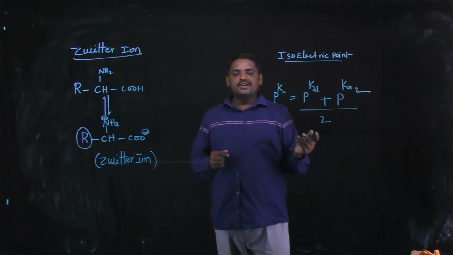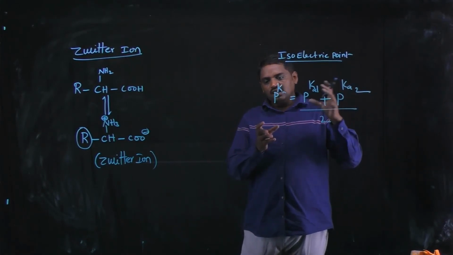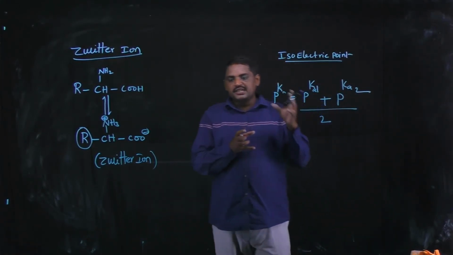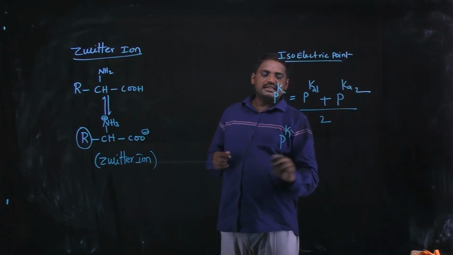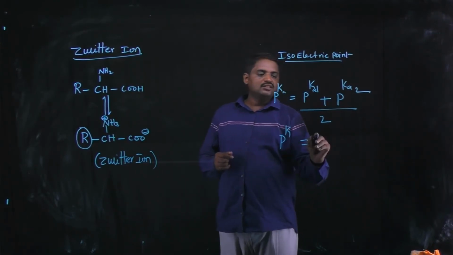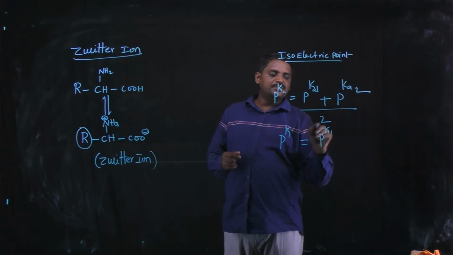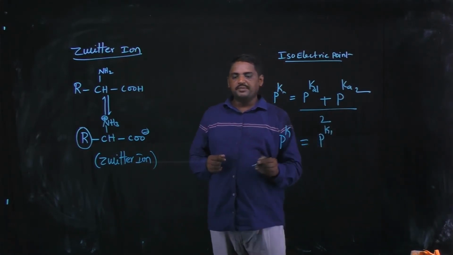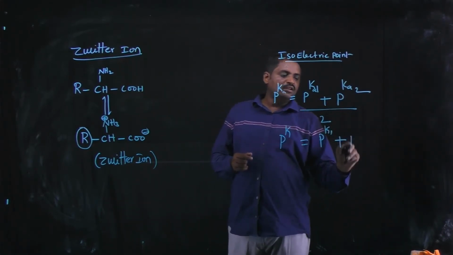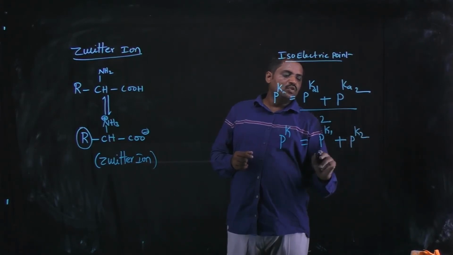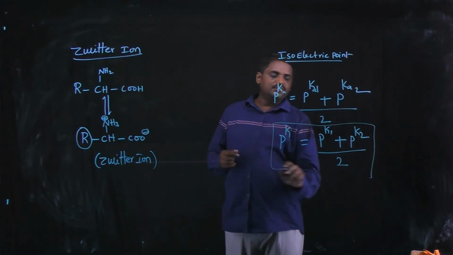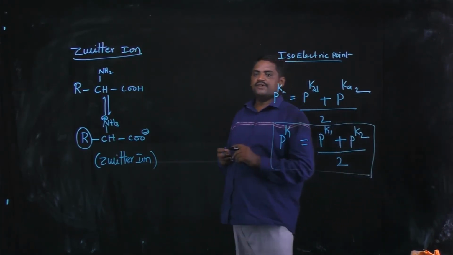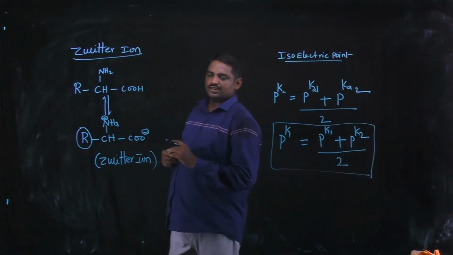These amino acids exhibit some acidic character. Then when some neutral amino acids are taken, the isoelectric point pK is equal to pK1 plus pK2 whole divided by 2. This is the calculation for the isoelectric point for different types of amino acids.